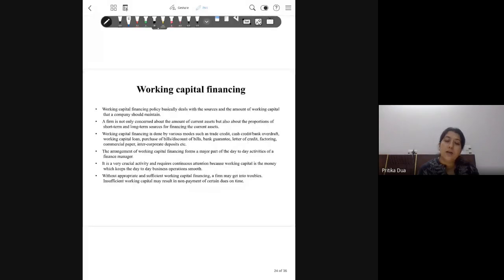But if I have to finance, say, my debtors, because they will not be making the payment, I'm basically financing my credit sales. So therein, I'll go for some short-term source of finance, a current liability. So what are the various modes of financing available for working capital? Just have a look.